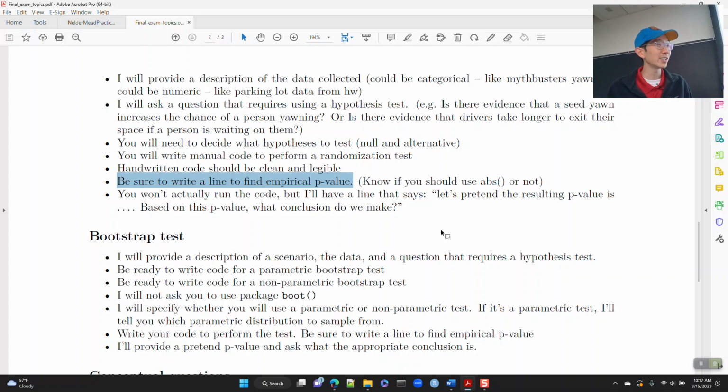For a two-sided test, you would use the absolute values, and depending on how the question is written, you want to make sure about the distribution of randomized differences that I generated: am I going to use a greater than sign or a less than sign versus my observed difference, or whatever your observed test statistic is? I would say this is the line that we're going to check closely to make sure you get that right.